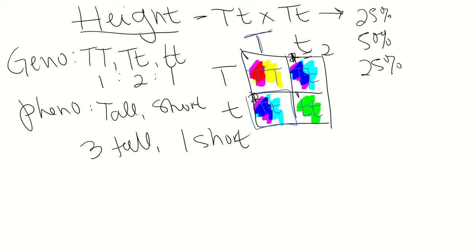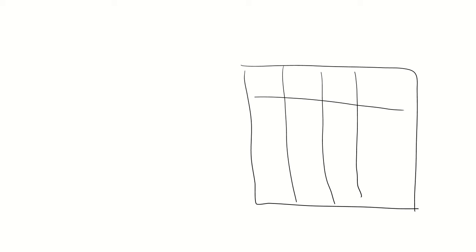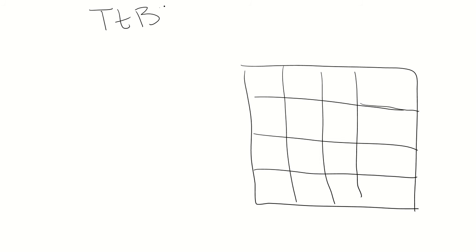All right, so now if we do this again, but we ramp it up a bit, let's pretend that we're looking at the trait of height, but we're also going to look at eye color. So this one will be a little trickier because we will have a heterozygous individual for height and eye color.